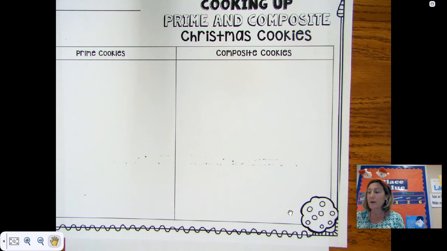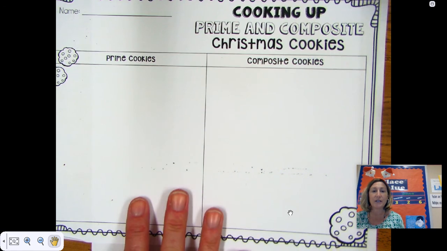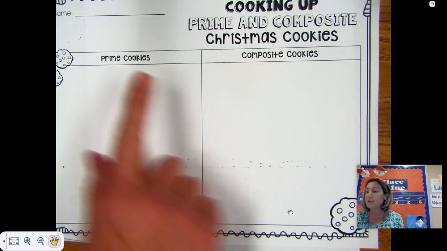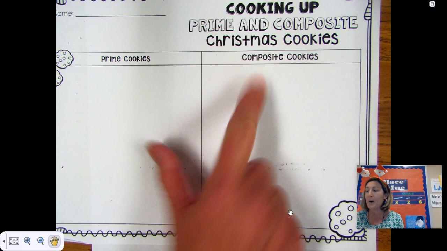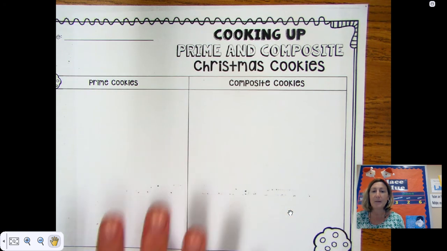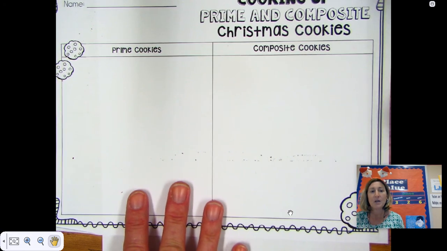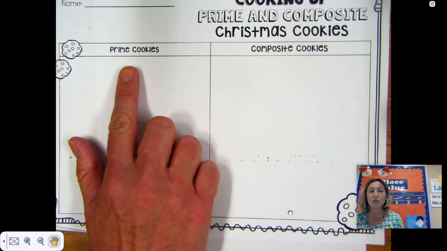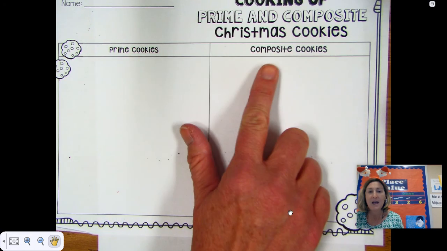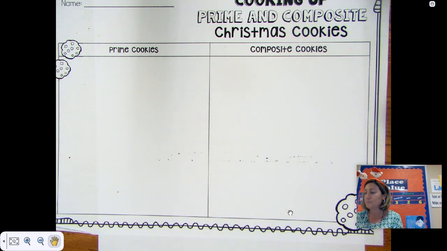Okay, let's take our first number. Now, before we start, you are going to be asked on your worksheet to sort numbers into prime or composite. It's called Cooking Up Prime and Composite Numbers, Christmas cookies. So that is kind of our theme today. You're going to have a prime column and a composite column, okay?